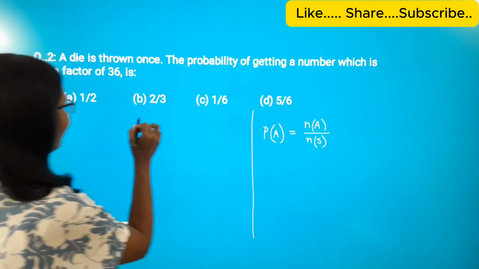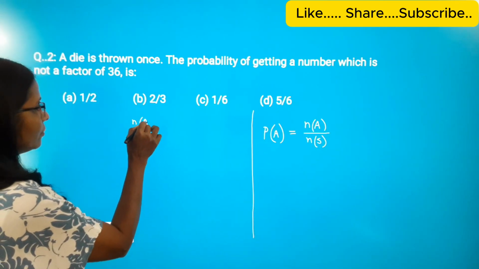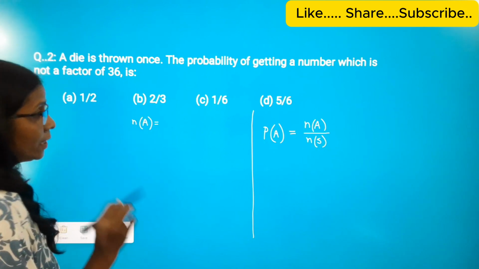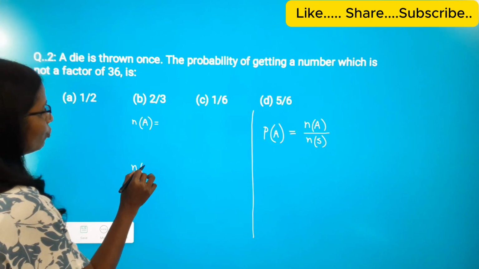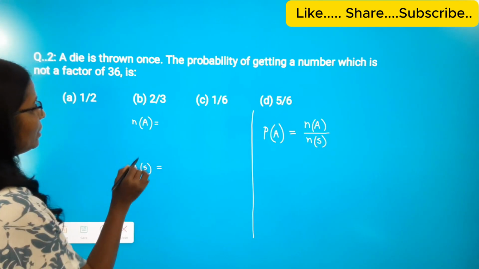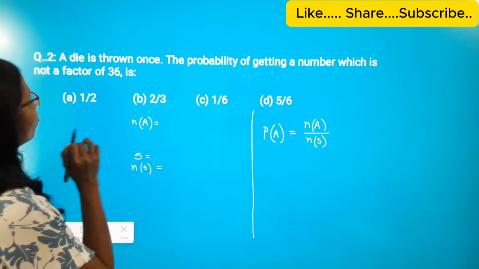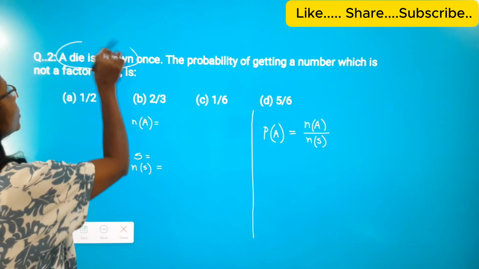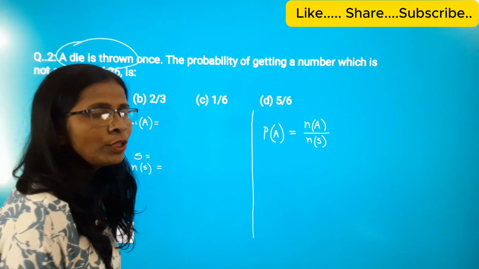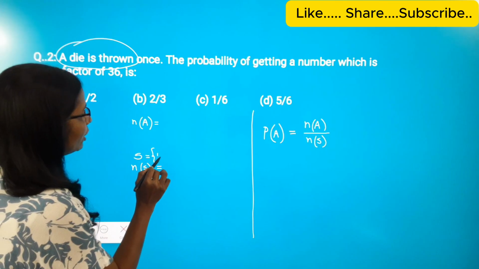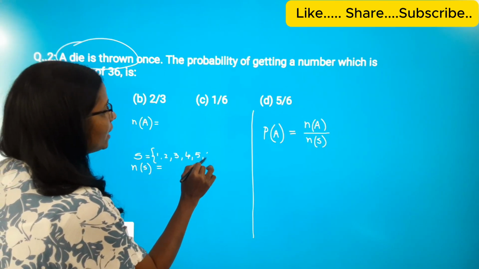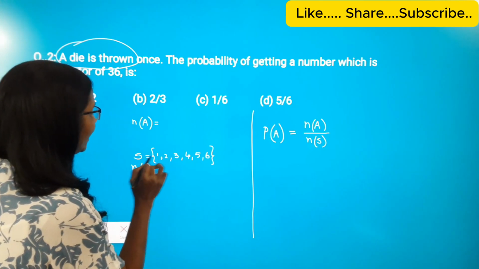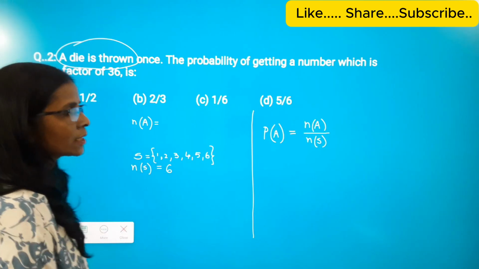First we have to find out the n of S. The n of S, that means the sample space, will be, a die is thrown, that means S is equal to 1, 2, 3, 4, 5, 6. Okay, and then n of S will be 6.